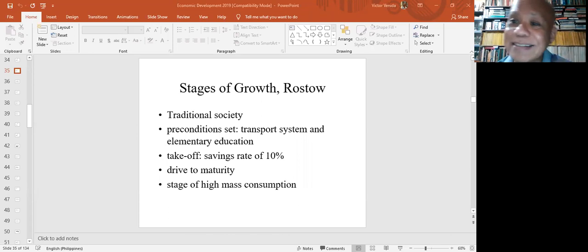So the idea is that with a wider range of choice of jobs, households have every incentive now to find a job and work hard at that job to be able to earn more and therefore afford these incentive goods or aspirational goods.